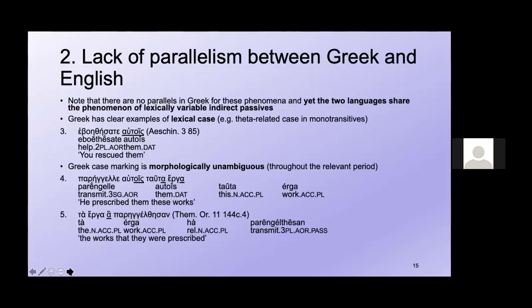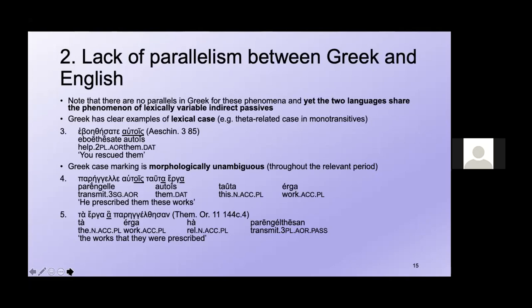However, very few of these language-specific factors are applicable to Greek, and yet both of these languages display considerable similarities in their indirect passives. So, for example, Greek has very clear examples of lexical case, such as theta-related case in monotransitives. For example, in example 3, you can see that the verb boethe, help, assigns a dative case.